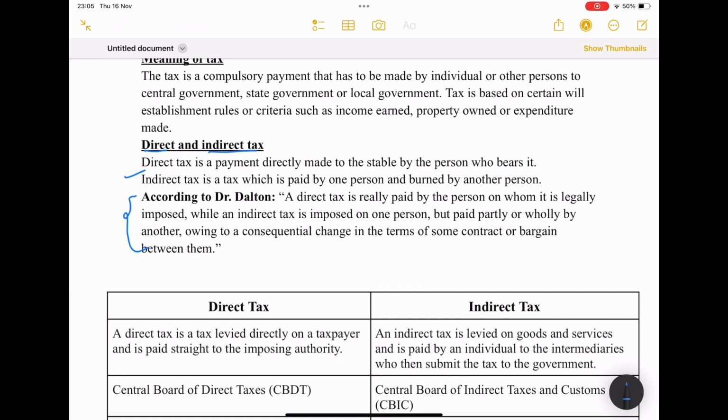So the tax which I pay to the government is my income tax, and the final consumer who is receiving a service or who purchased a product is going to pay the GST to the government. Do you understand?